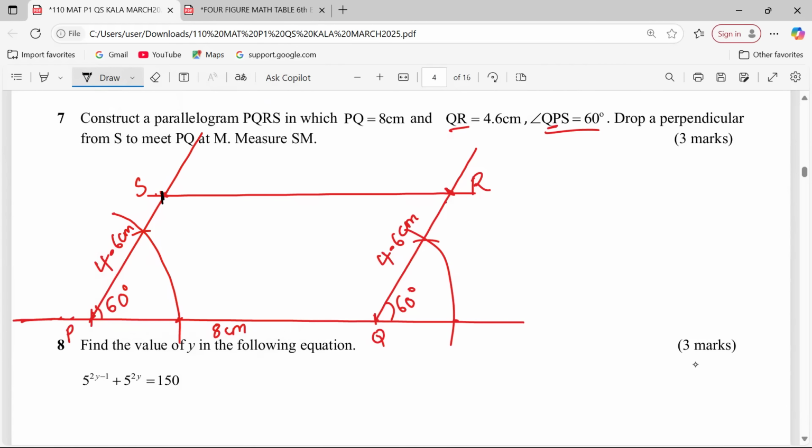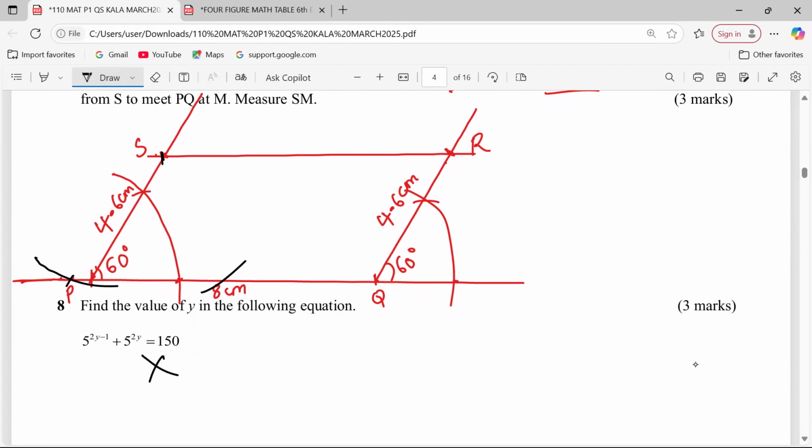You stand at S and you make an arc. You can make an arc at that point and also cut the same line at this point. Then now standing on those particular arcs, you can make more arcs to intersect either below or above the line. So with this now, a perpendicular line can be dropped. And we are told where it cuts PQ, this is M.